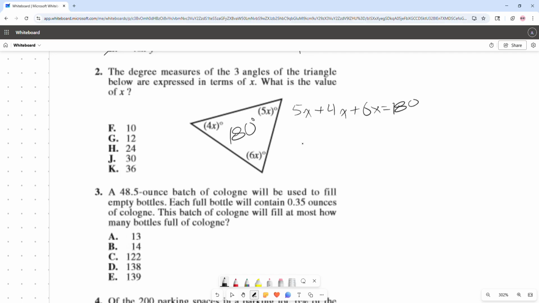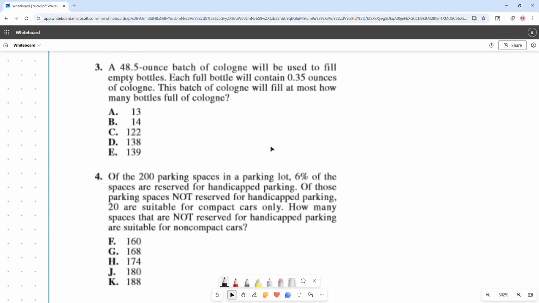So combine like terms and we get 15x equals 180. And then we divide and we get x equals 12. So it's G. So this is super easy. Just plug it in and go. Just so you know that all angles of a triangle add up to 180.